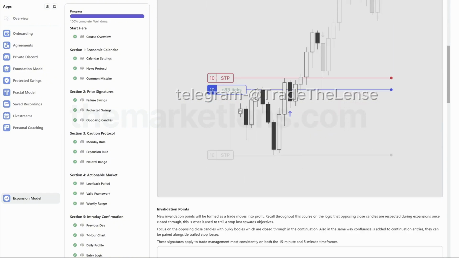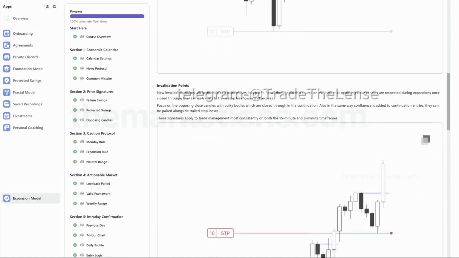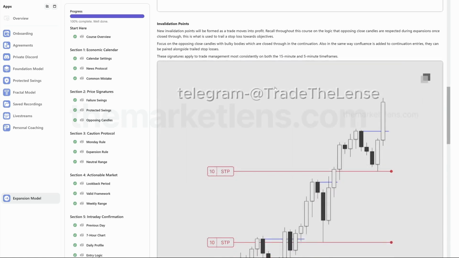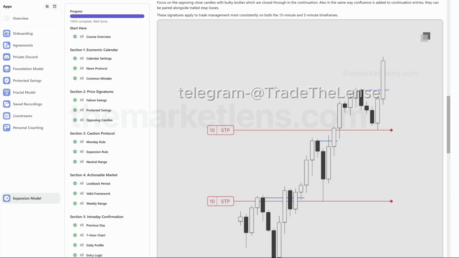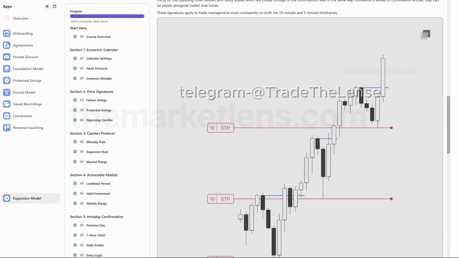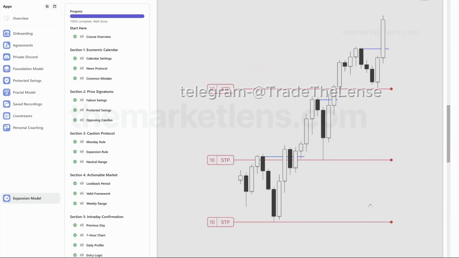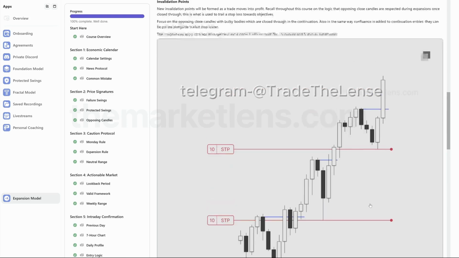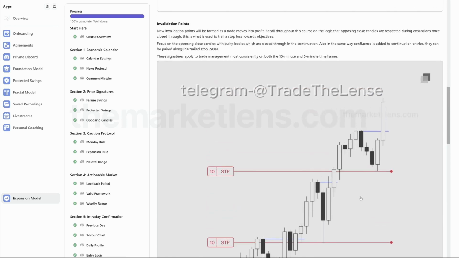This is what this rule is about, and we'll get into some more specifics here, but trailing really starts after a trade is moving in profit. We have invalidation points. It's the same thing as anything else. You can look at the general rule of large candle bodies, a wide range.